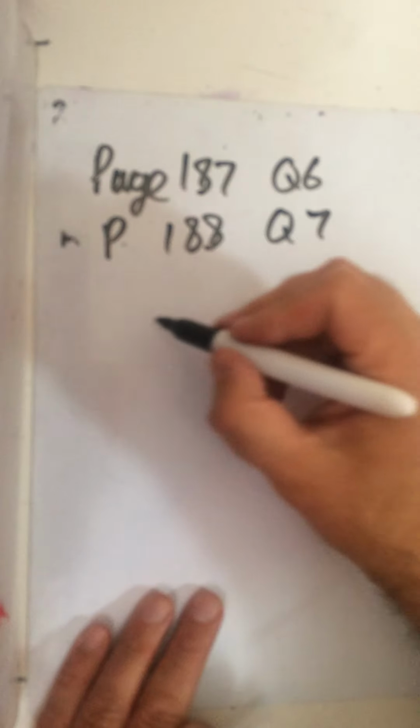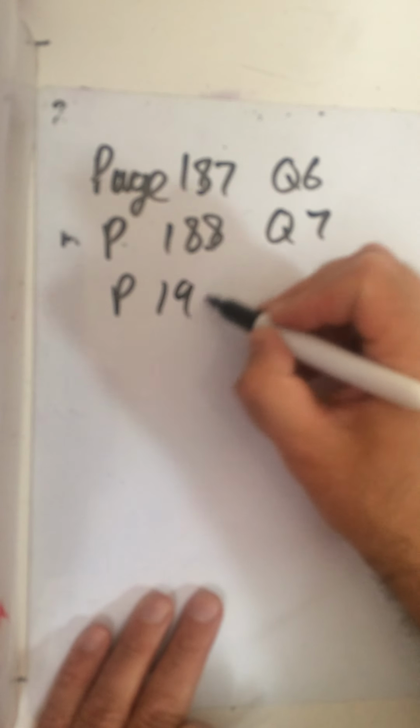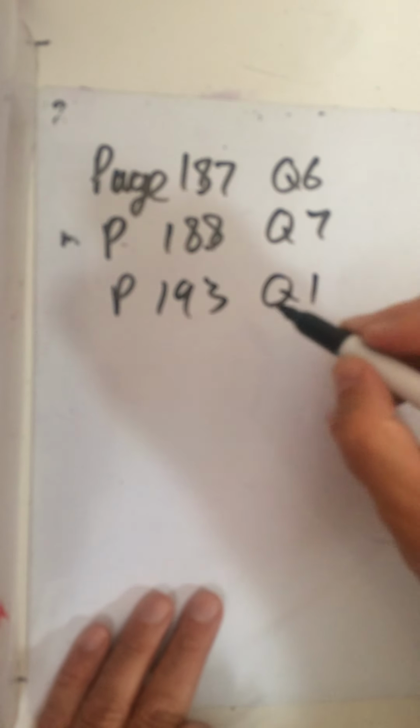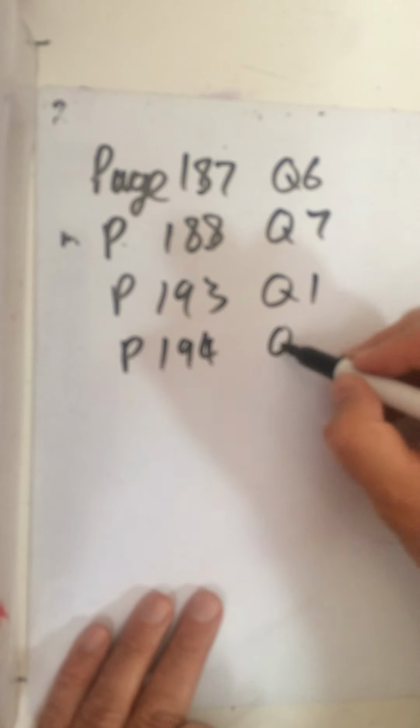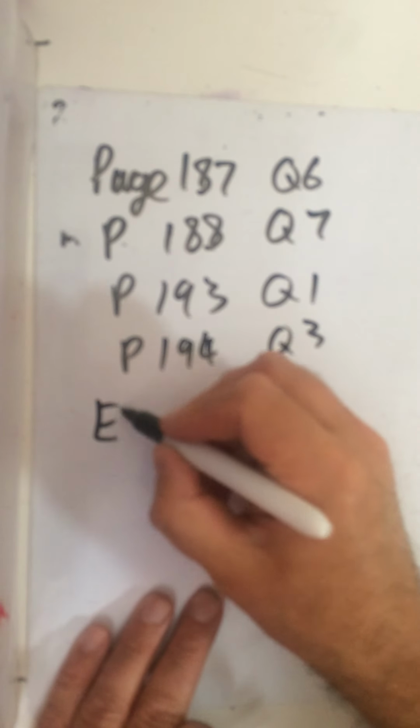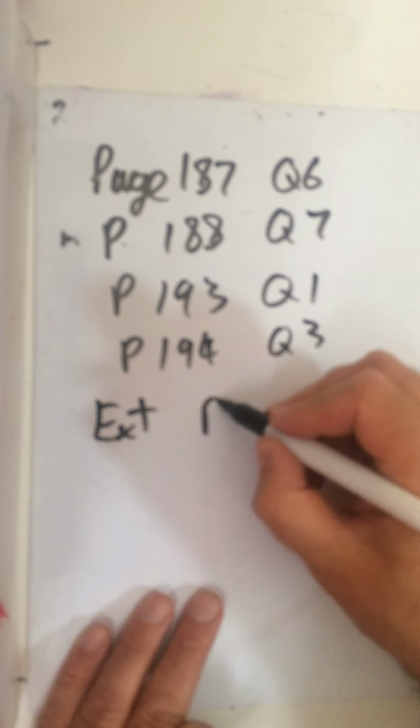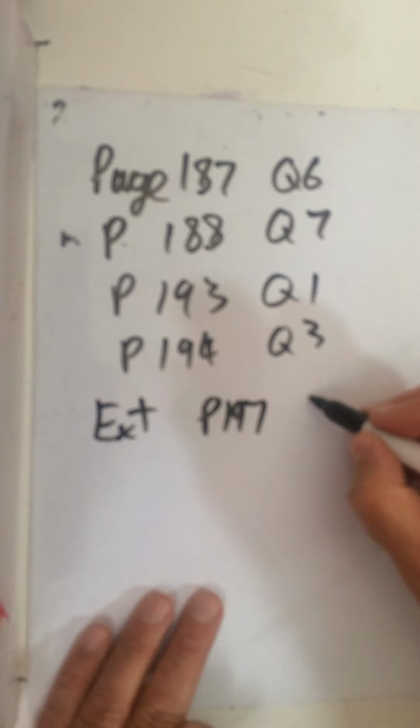Let me just check that. Yeah. Then have a little go, please. Page 193, question 1, page 194, question 3, and then have a go at the extension, page 197, question 13. Okay. Right, have a go at those.